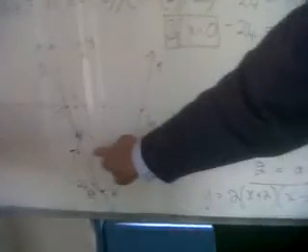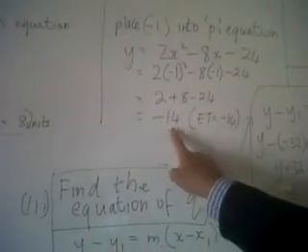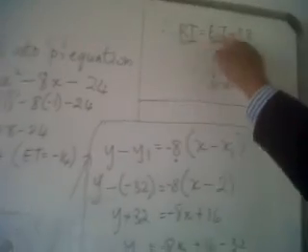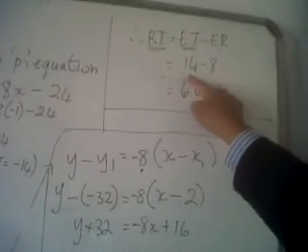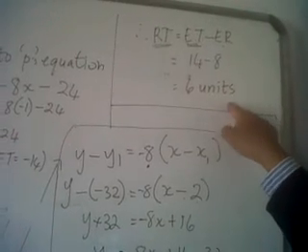So if you want this one here, you must subtract this one from the big one. So you've got 14 here, which is the big one. Ignore the minuses and pluses because you're looking at the units. So RT is equal to ET minus ER, 14 minus 8, and it's 6 units. So that's the question they asked you.